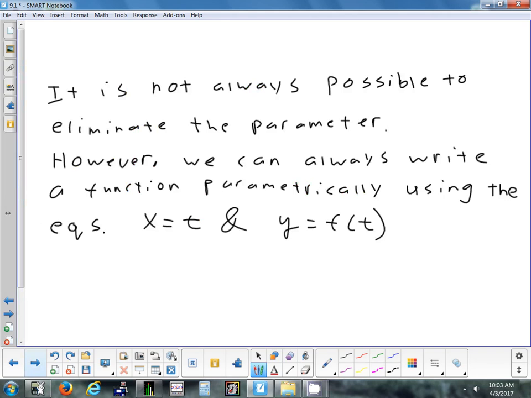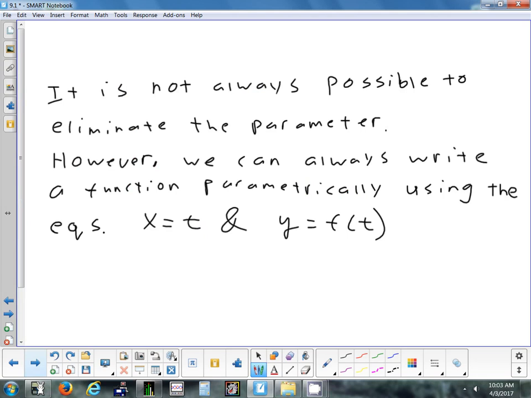So as I said earlier, it's not always possible to eliminate the parameter, and I showed you an equation that you can't do that with. But you can always do the reverse. You can always take something that doesn't have a parameter and put one in. And the really easy way to do that is just to say, I'm going to change all my x's to t's, and then rewrite the original problem with t's instead of x's.